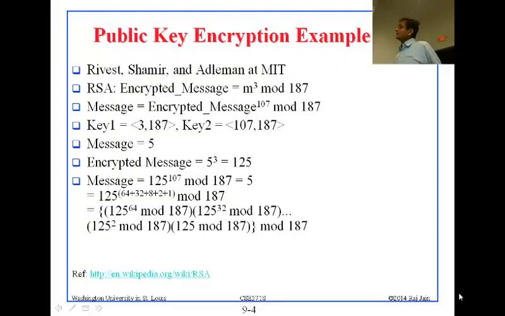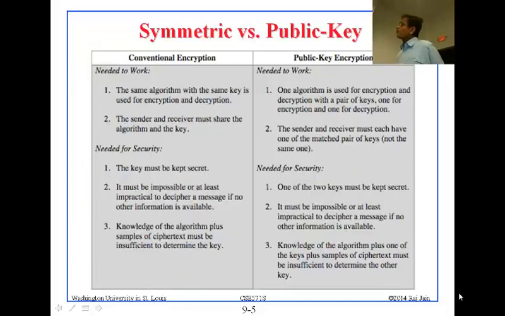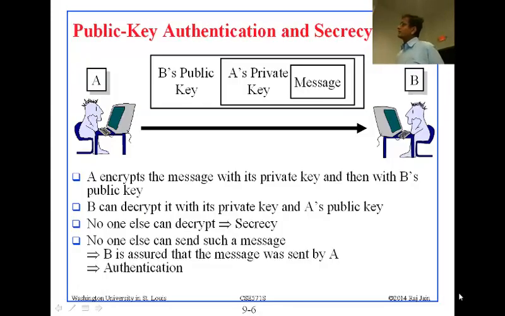So when A wants to send something to B, A takes the message and encrypts it with its private key. And then encrypts it with B's public key.